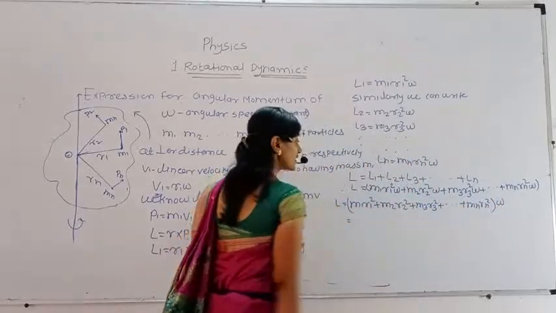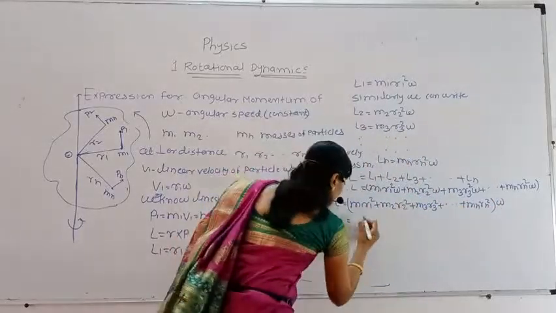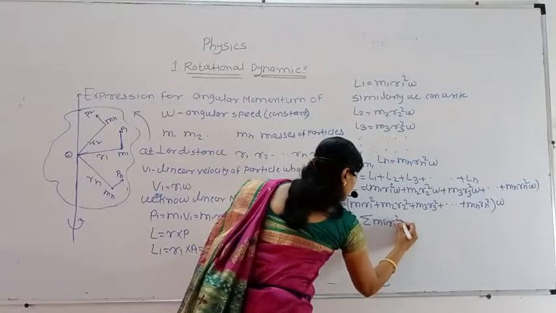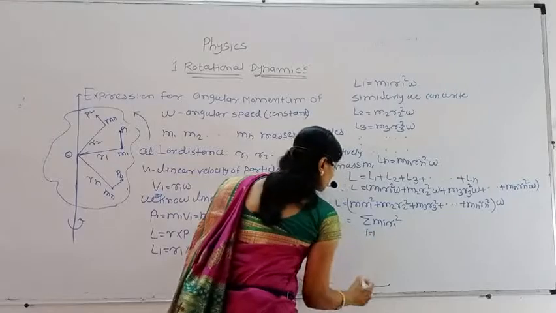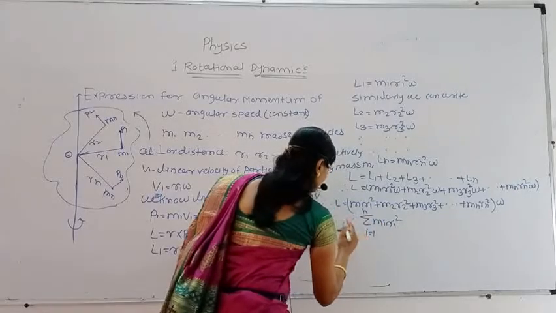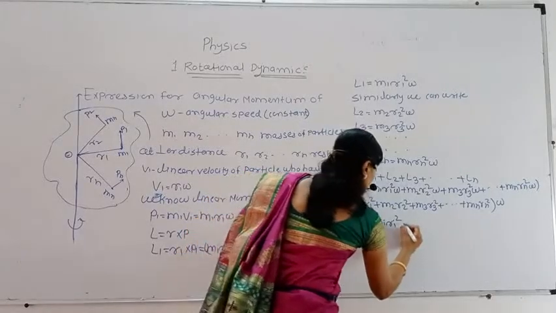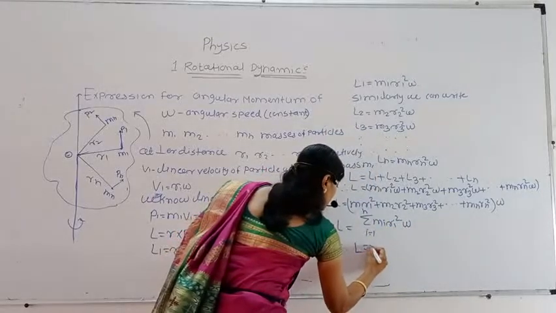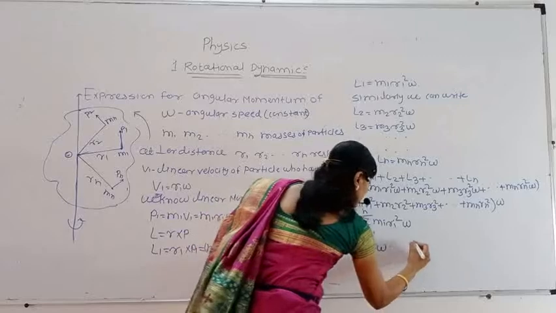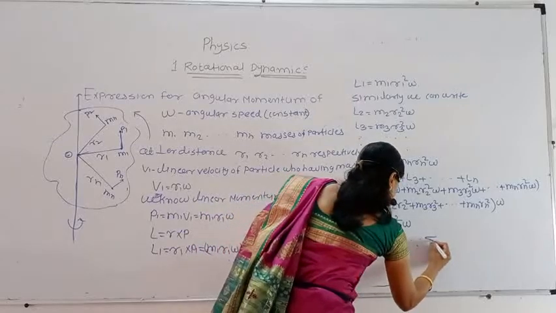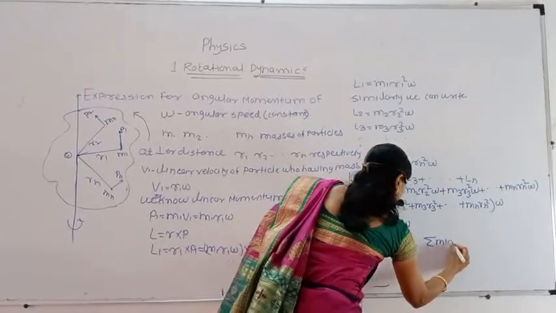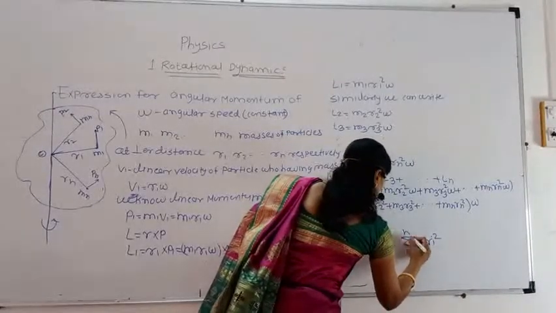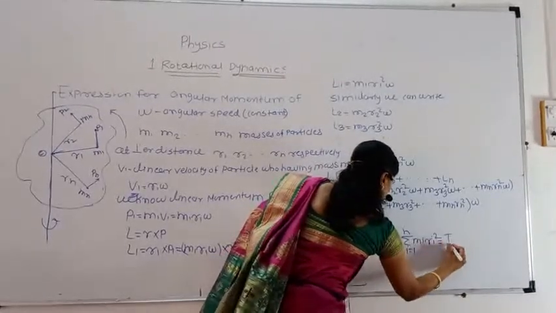Here we can see, we already learned the summation of mi ri square, with lower limit 1 and upper limit n, so L is equal to I into omega. Therefore we can say L is equal to I into omega, because this summation of mi ri square, having lower limit 1 up to n, is nothing but moment of inertia.